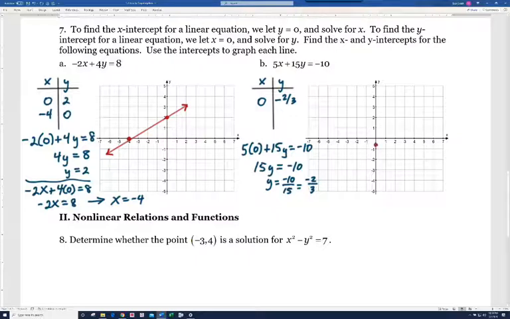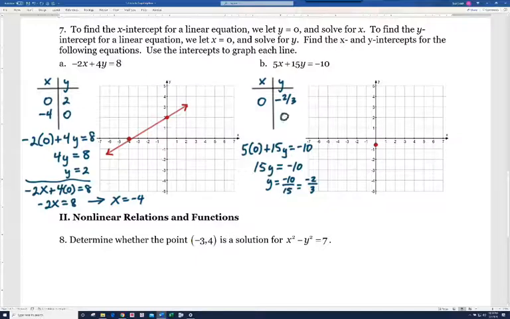And so 0, negative 2/3 is on the graph. Now we do have a fraction here, so we do have to be careful where we place that. You're kind of estimating a little bit more. Normally you're just putting the points where two lines intersect, so it can be a little more challenging to graph points that have fractions in them. But this one's not too bad.